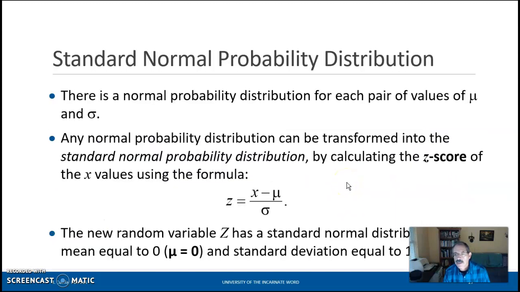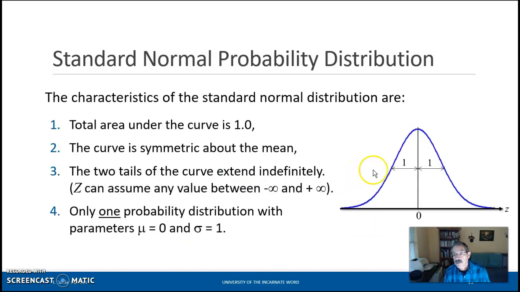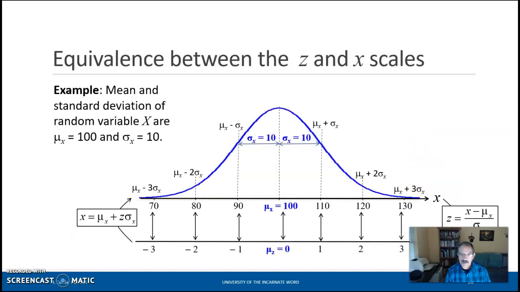And that's why over here, for the standard normal, I'm showing that the distance from the mean to the first point of inflection is just 1 unit. All right, so you see the characteristics of the normal distribution and the standard normal distribution are very similar. Now in here, I'm showing the equivalence of the two scales.